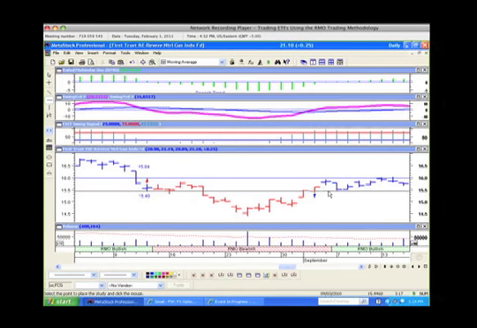I'm going to put my horizontal line right below that price. So I've said if for any reason it goes above 15.97, we're going to buy. If I buy this, and for whatever reason it drops below 15.43, I'm going to sell.